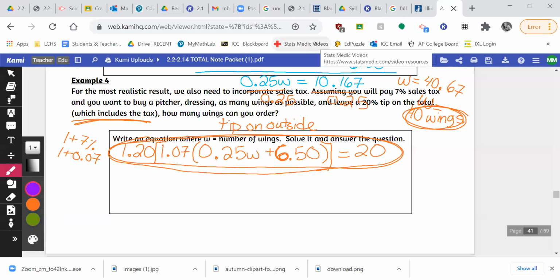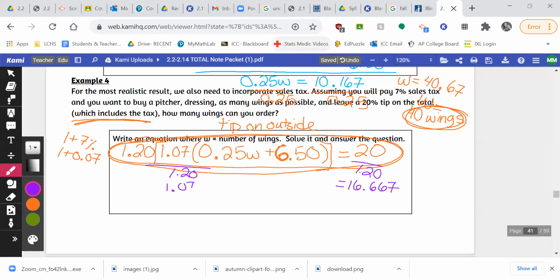Now we just need to solve. So I'm going to undo the outside part first. So I'm going to divide both sides by 1.20. Okay, so 20 divided by 1.2, we get 16.667. We still have the 1.07 over there.